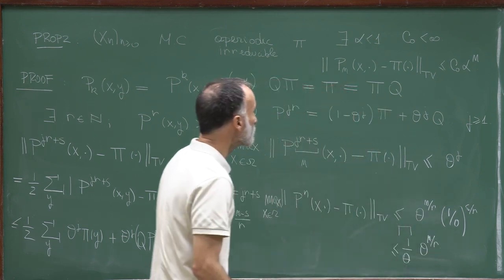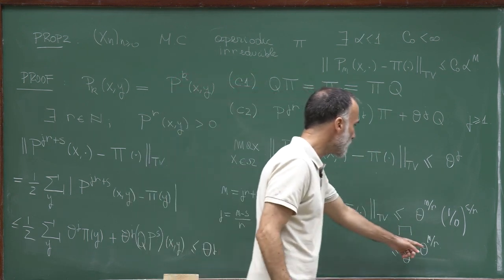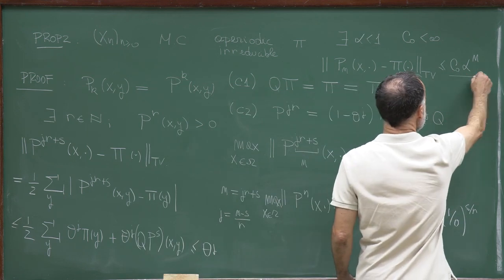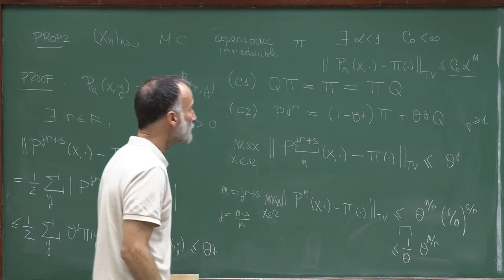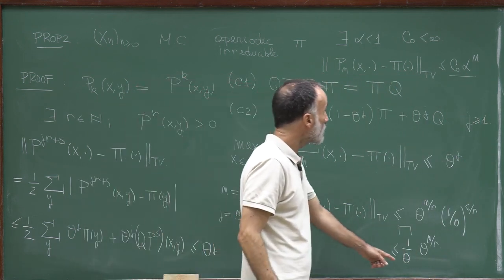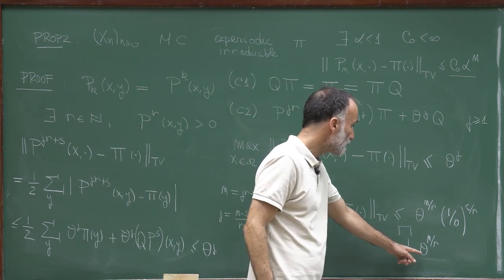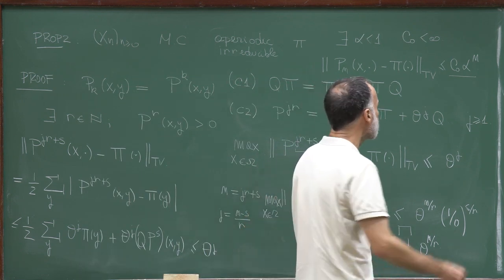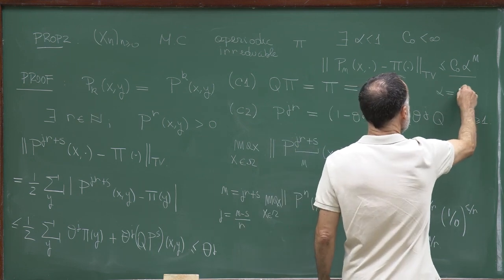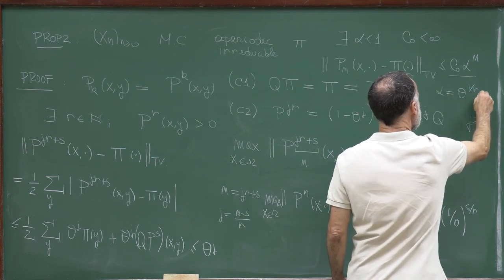I was alluding to before. In my equation here, C0 is 1 over theta, and alpha is theta to the power 1 over r.